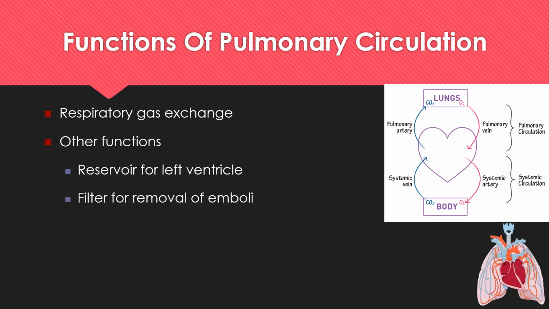Then it acts as a filter. The pulmonary endothelial cells release fibrinolytic agents which can lyse blood clots, so that prevents the formation of a blood clot by removing the emboli.